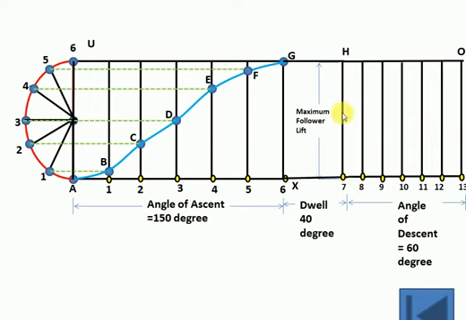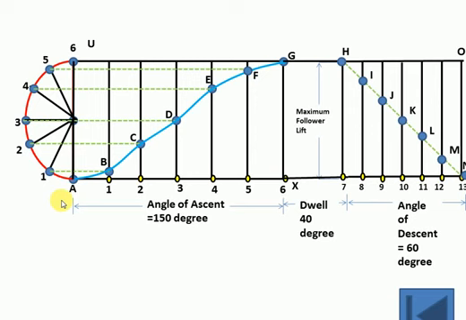Then from point H, which is the maximum follower lift, we'll draw a straight line till 13, which passes through the lines drawn from points 8, 9, 10, 11, 12, 13 at various points. So we'll mark the points of intersection and name them I, J, K, L, M, N.